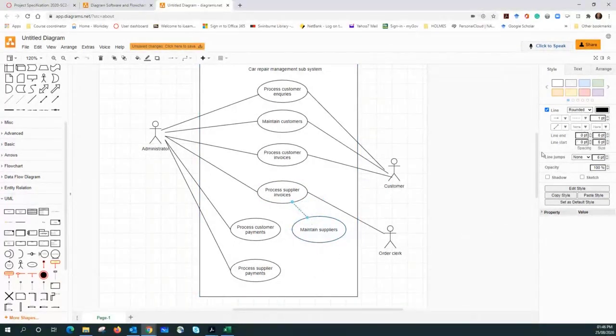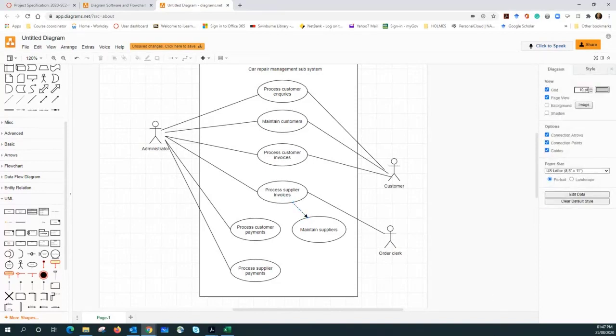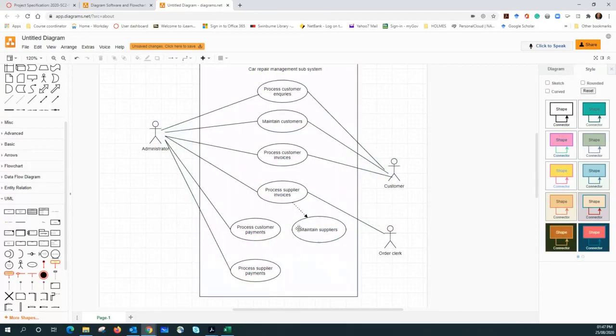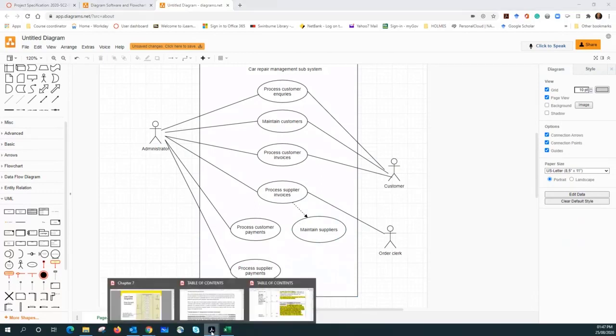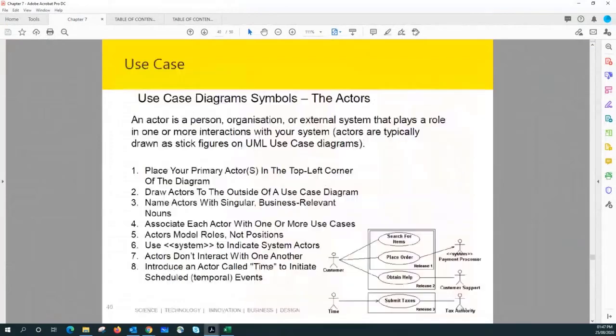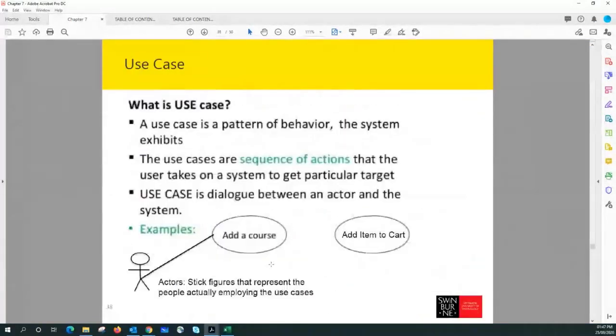And probably it can go here, the right hand side. The line can probably end here, like this, right? And then probably put a small label. Now remember, when you put the include relationship, we need to name it.